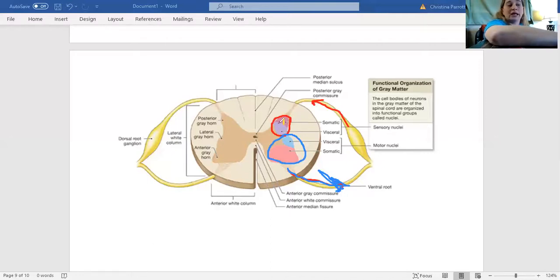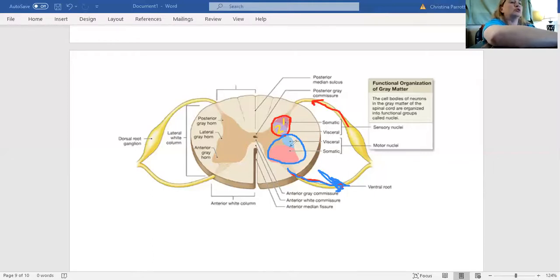So it's going to be somatic. So sensory somatic nuclei. And then number 2 here, it is still coming in from this dorsal root. So we know it's going to be sensory, but it's towards the inside of the gray matter, so it's going to be visceral. So it's sensory visceral nuclei.